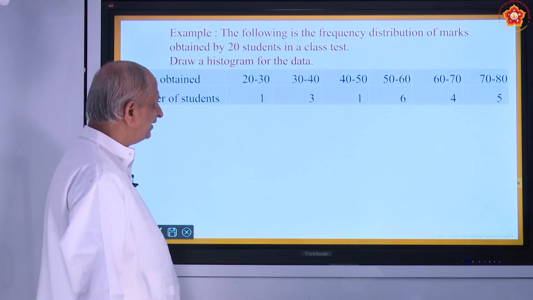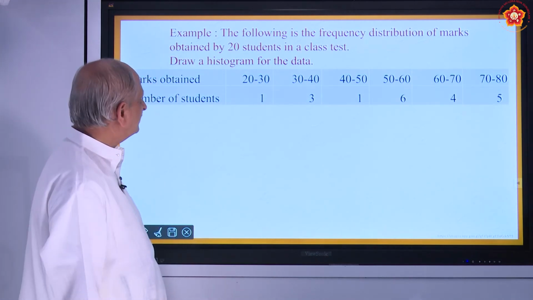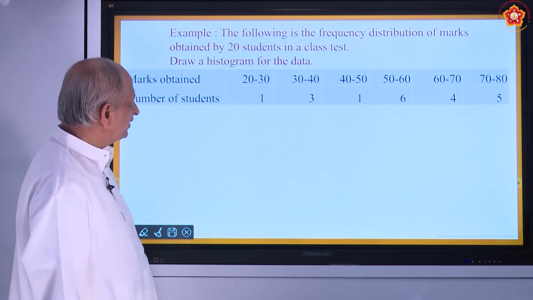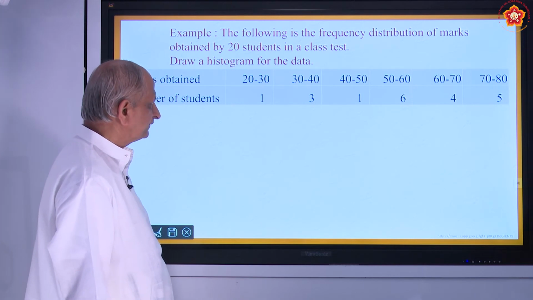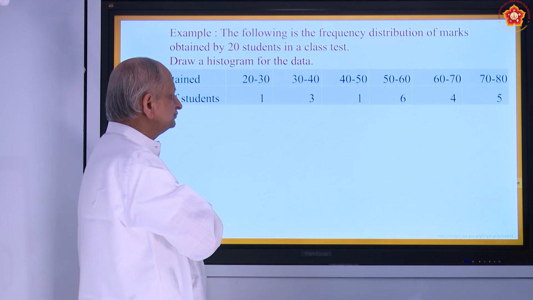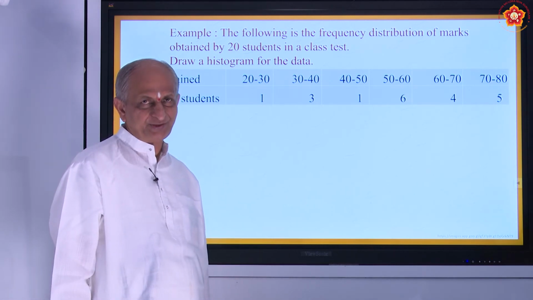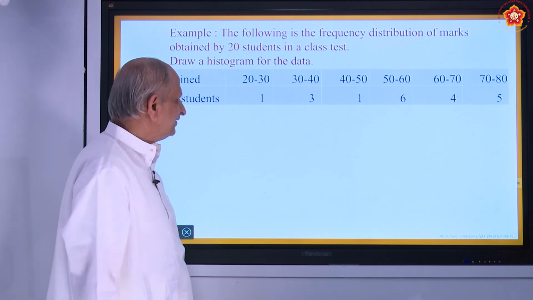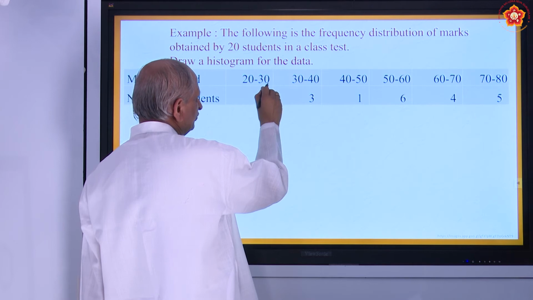We will take an example. The following is the frequency distribution of marks obtained by 20 students in a class test. Draw a histogram of the data. So here you see, the other day we were studying inclusive series and exclusive series. Remember? In this you see, this is an exclusive series.